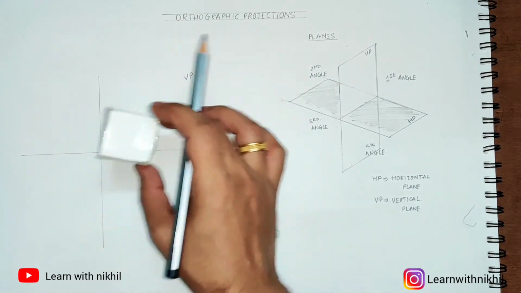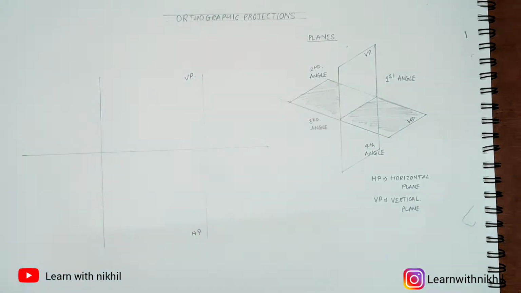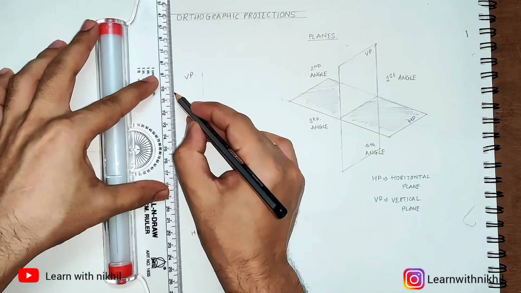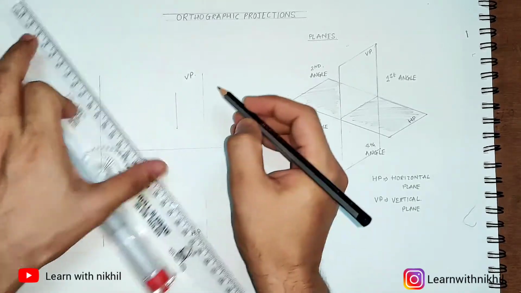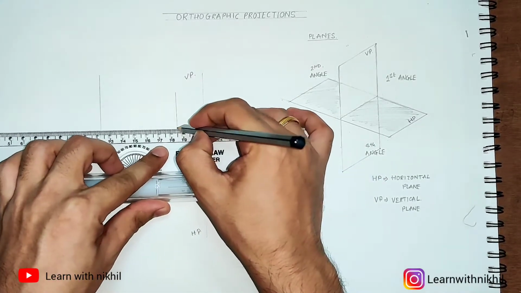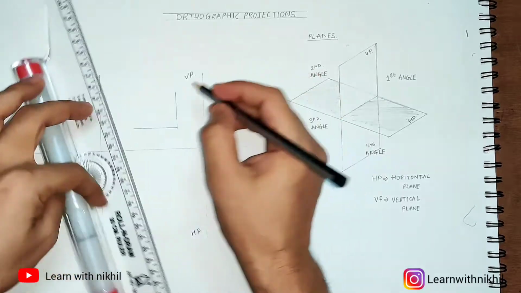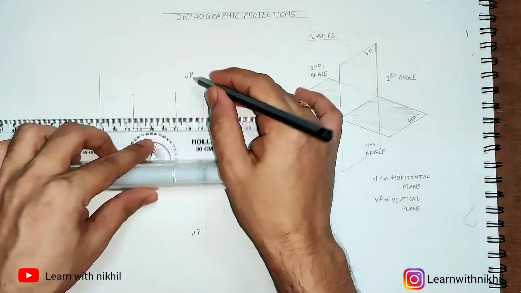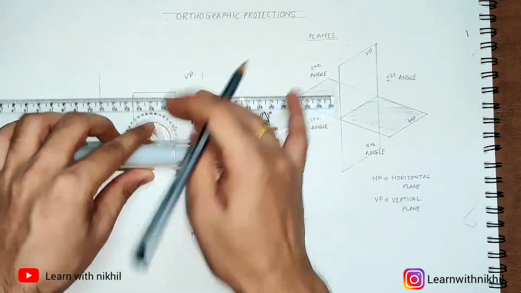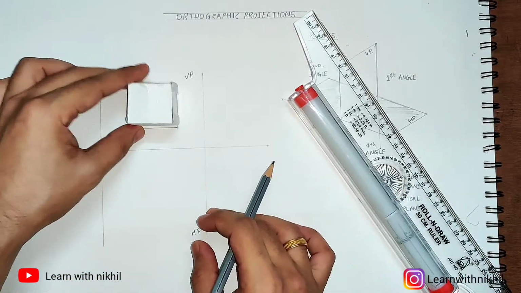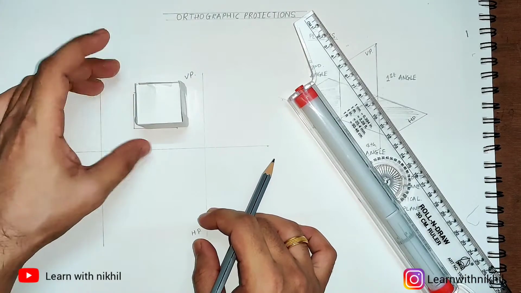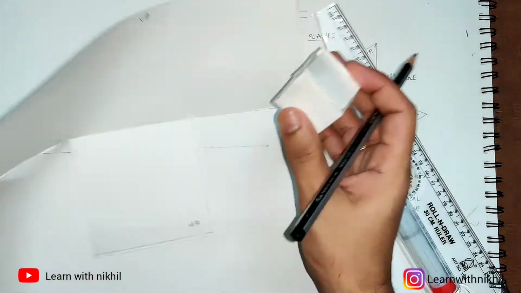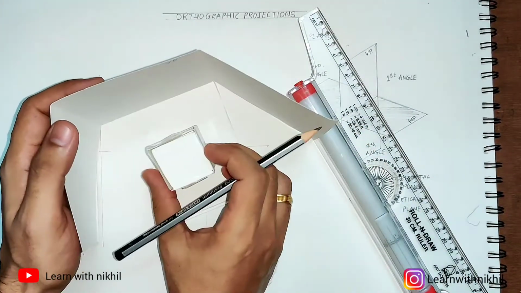So we will draw a square on the vertical plane. I'm just taking random dimensions, not perfect dimensions. But as it is a cube, all the sides are equal. So on the vertical plane, we are getting a square, and that square is the front view.